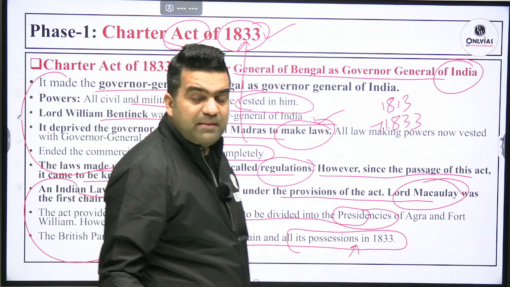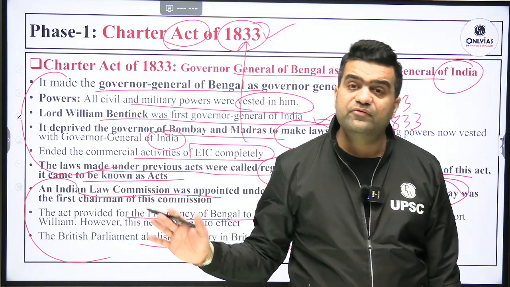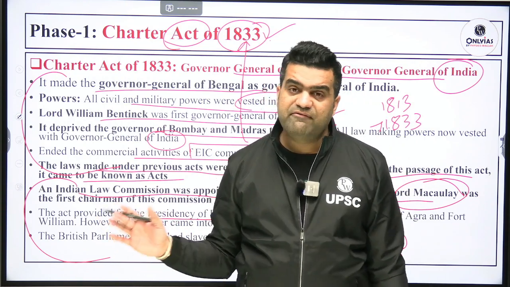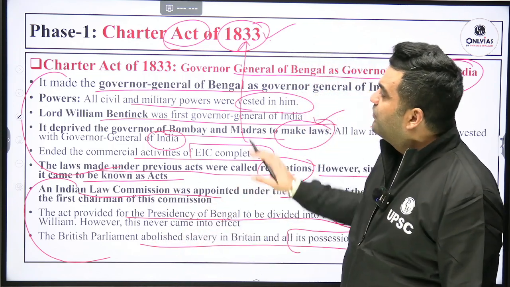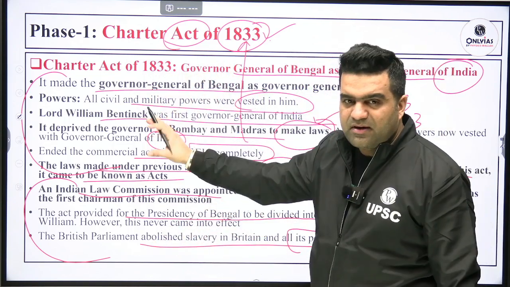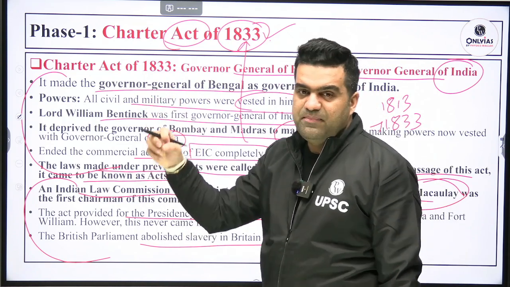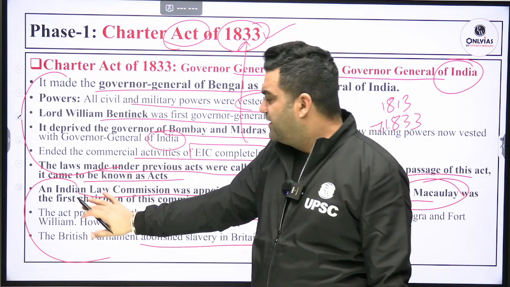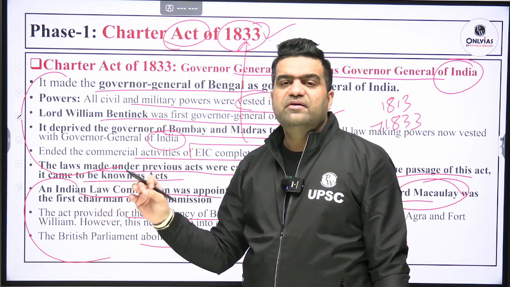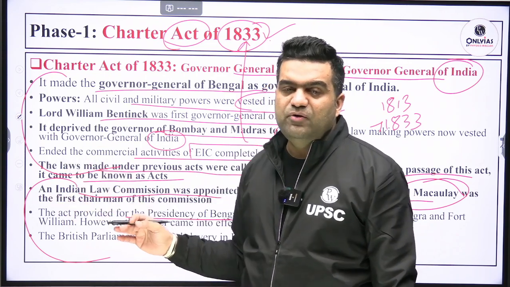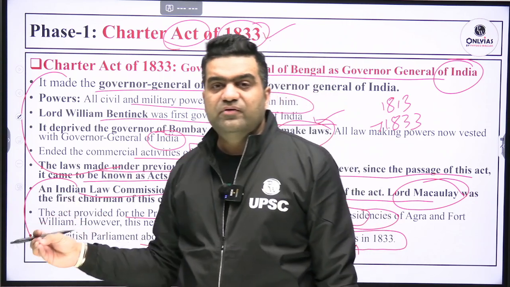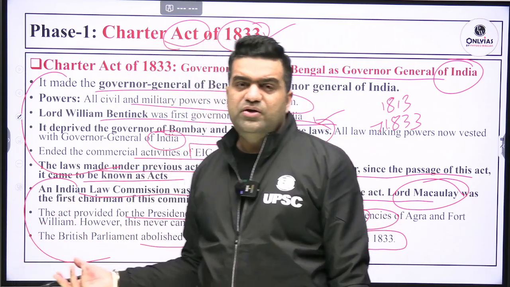Slave trade would not happen in the British possessions all over the world, wherever they had colonies in Africa, etc. Did this actually happen? No. First, they will extort, deepen their control on India, and then at last you would find some benevolent good things. In the last act, we saw 1 lakh rupees would be given as grants to promote Indian literature. What use is it?